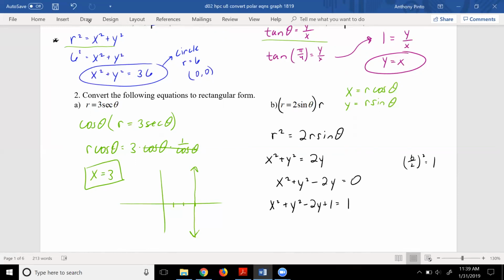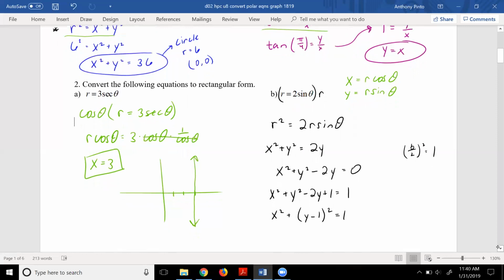Remember, whatever I do to the left side, I have to do to the right. And then I'm going to factor everything with the y's. So x squared plus, this becomes y minus 1 squared equals 1. And what we're looking at, maybe you recognize this, this is an equation of a circle.